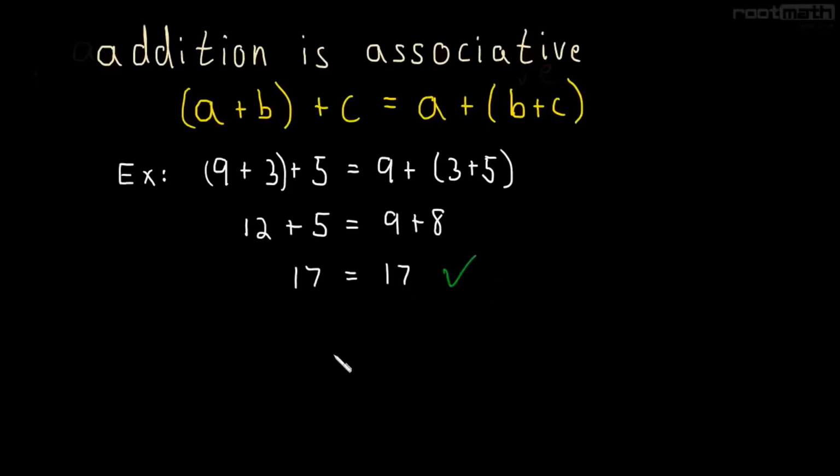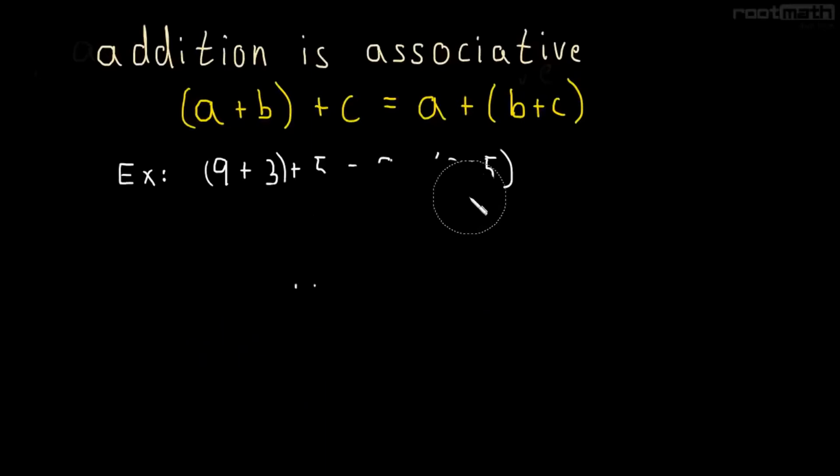And so we can see the associative property in action. Doesn't matter where we put the parentheses, both sides are equal. Since it doesn't matter where we put the parentheses, what we're going to do is just drop them. The parentheses don't tell us anything interesting, so we don't need them. It doesn't matter where we put them, so why put them anywhere?